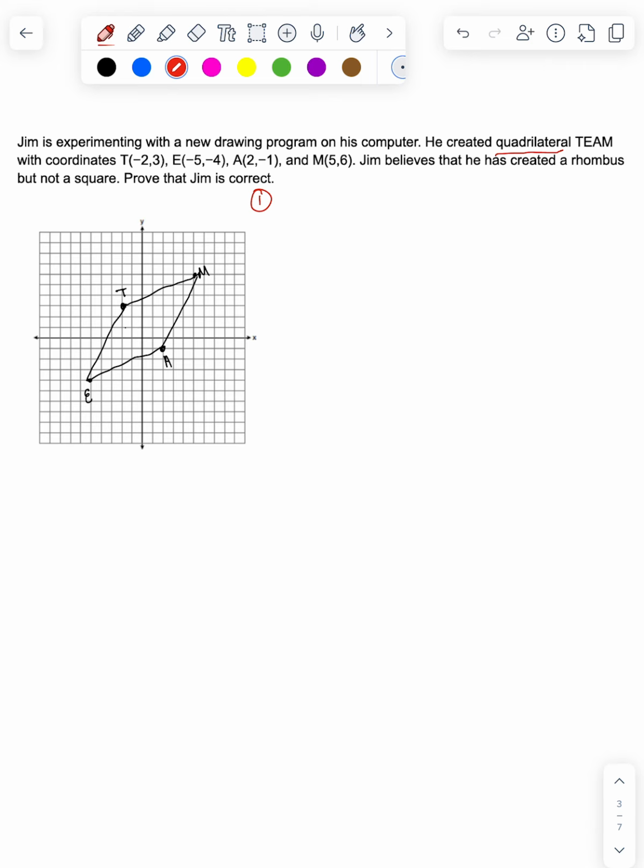So I'm going to find the slopes. Let me find the slope of TM. I'm going to just write down the formula I'm using. You can also use rise over run if you want to. I'm using T and M. And when I find the slope of the opposite side EA, it should end up being the same thing.